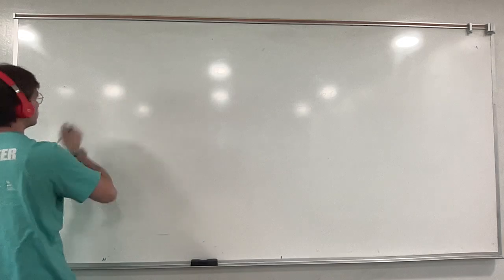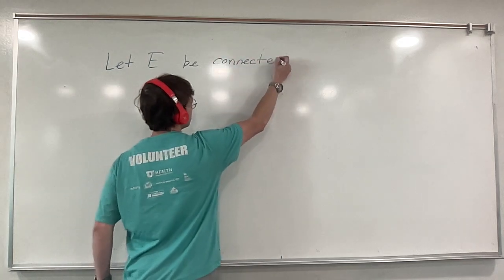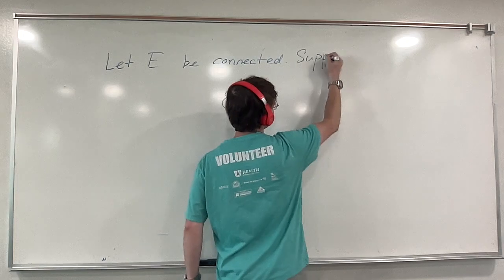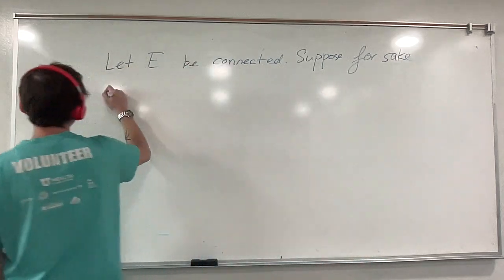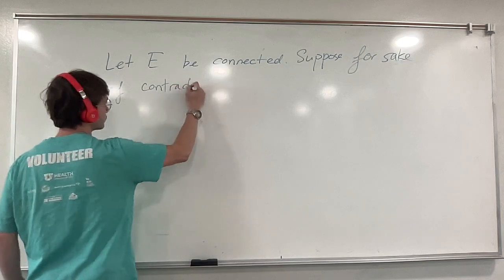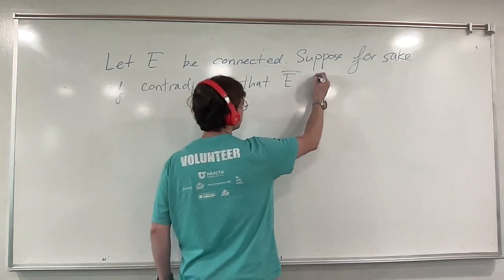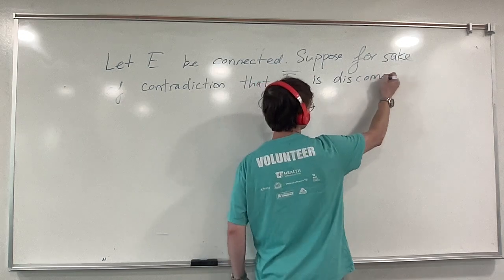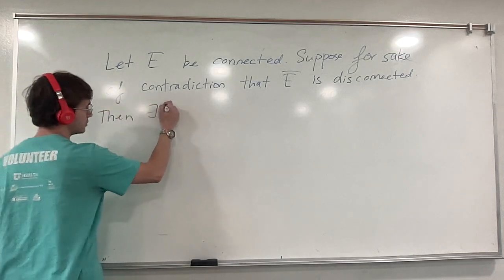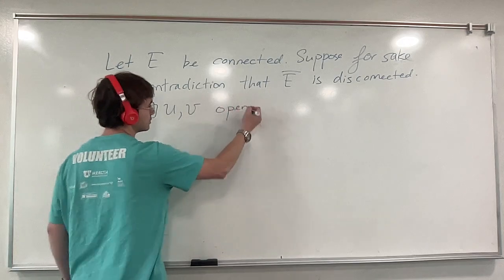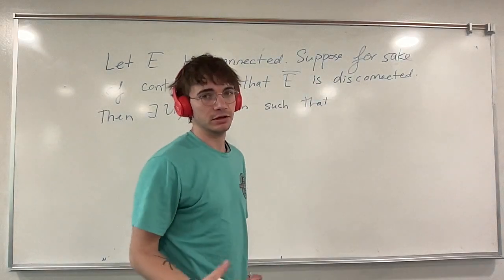Okay. So let E be connected. Suppose, for sake of contradiction, that E closure is disconnected. Then we're going to be able to separate it by two open sets, U and V open sets, such that U and V separate E closure.